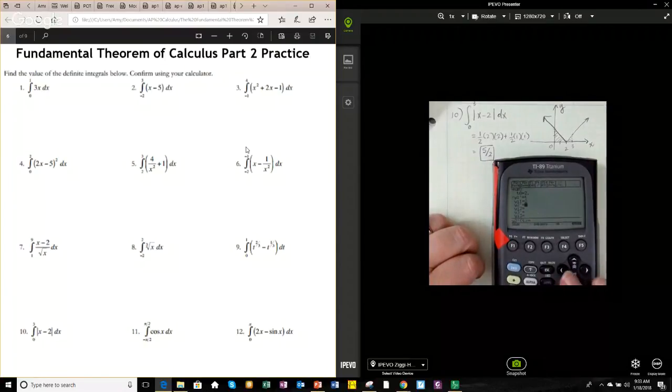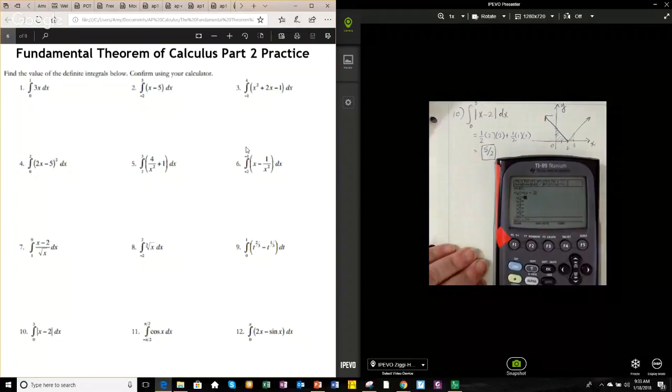Let's change that to function mode. Sorry, you guys won't have to do that, but I have to. All right, I'm going to clear this out, go diamond paste, and there it is. There's my absolute value of x minus 2. And I'm going to check my window, because my window might be a little bit weird. No, it looks pretty good. Diamond graph. There's my absolute value function.